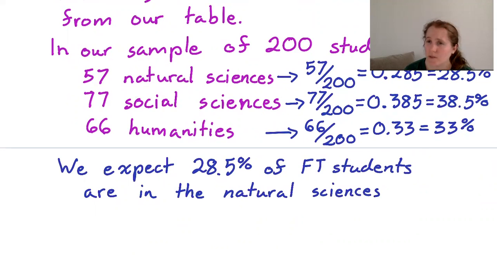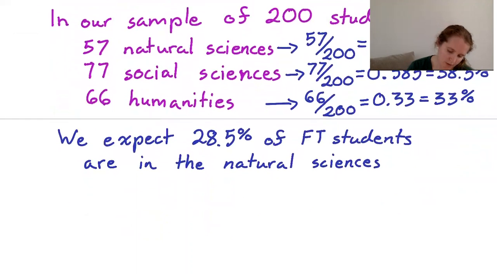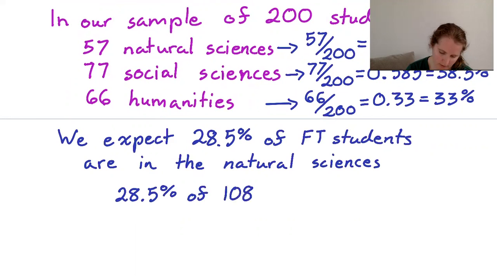So we will also use the total column. We will do 28.5% of 108 full-time students.